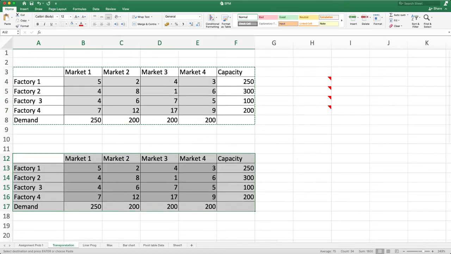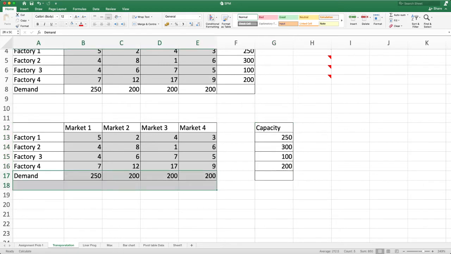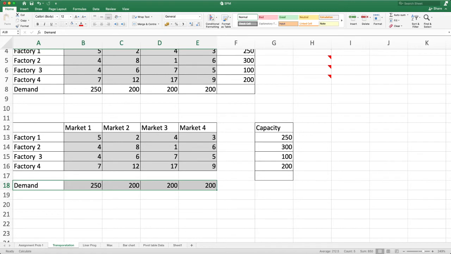This column we have to cut and paste here after one column, and the demand also we can detach from the existing column and put it in the next column, because we'll give some formulas to check the variables.